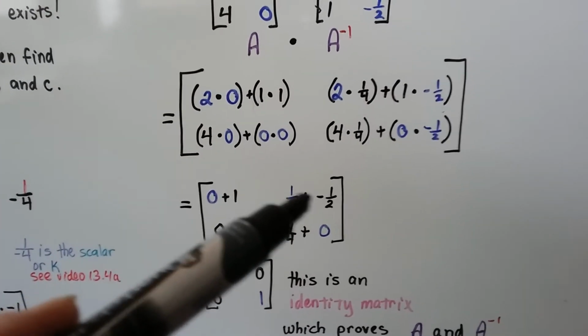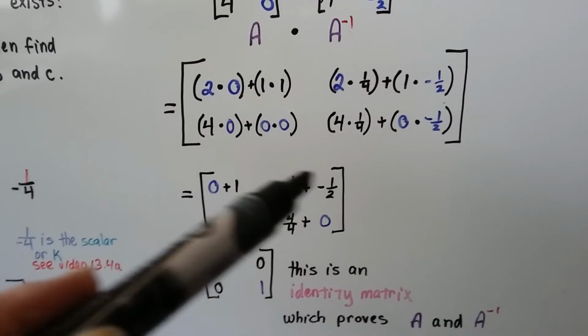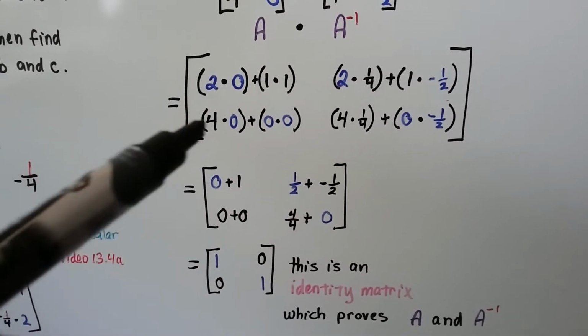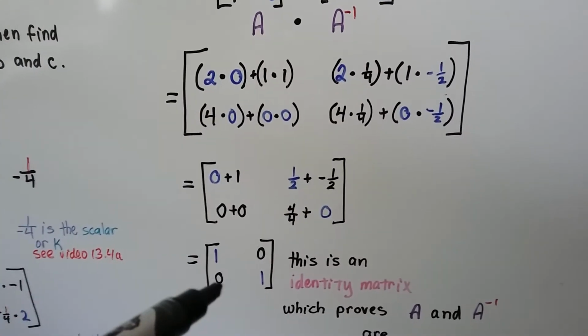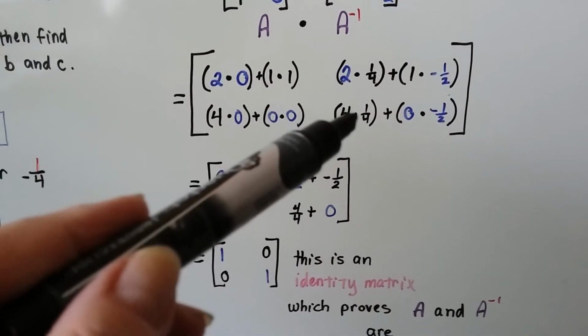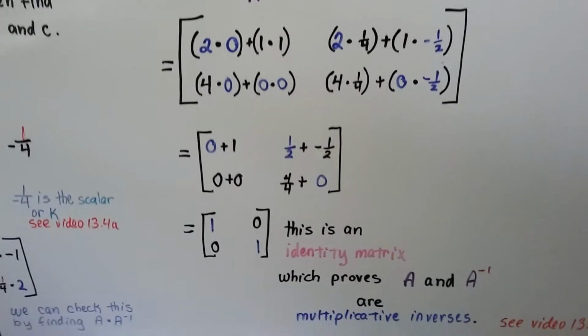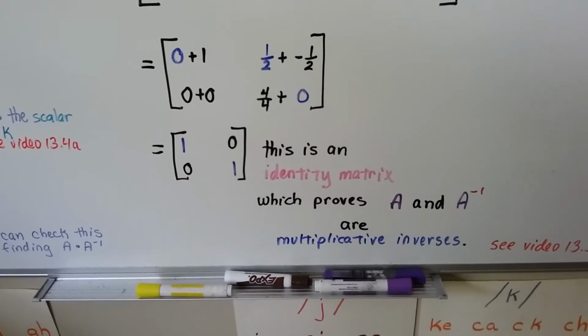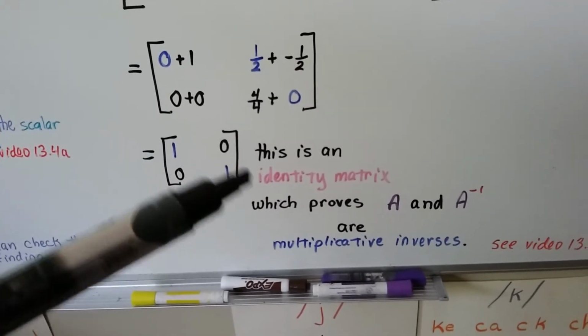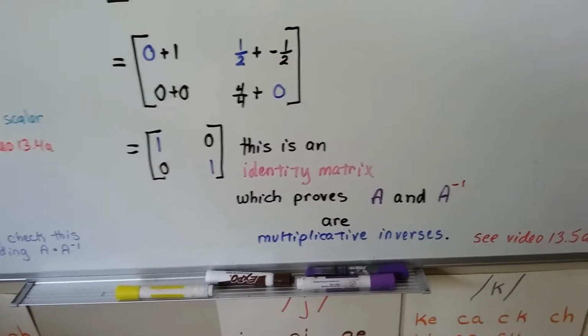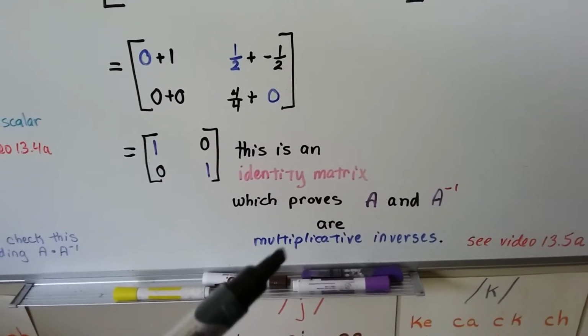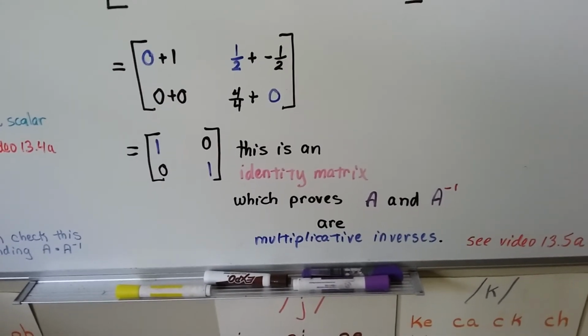We're going to get a 1/2 plus a -1/2. Well, that's a 0 pair. That's additive inverse, isn't it? That's a 0. We're going to get a 0 plus a 0. That's a 0. And we're going to get a 4 over 4 plus a 0. Well, that's just a 1. So, if you remember from the previous video, we got a 1, 0, 0, 1. That's the identity matrix. And it proves that A and the inverse of A are multiplicative inverses.